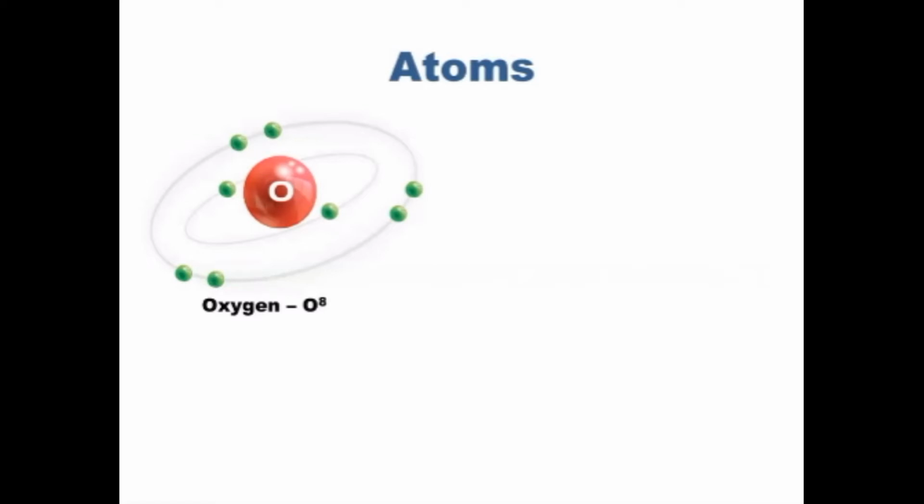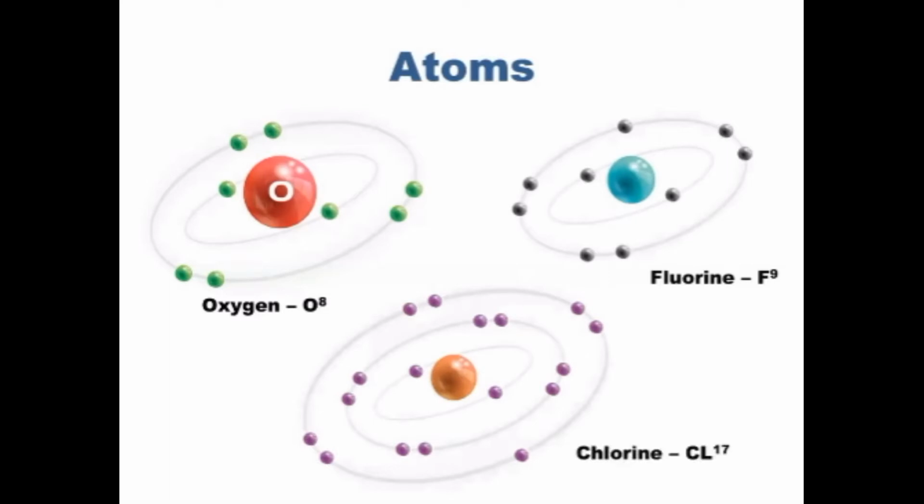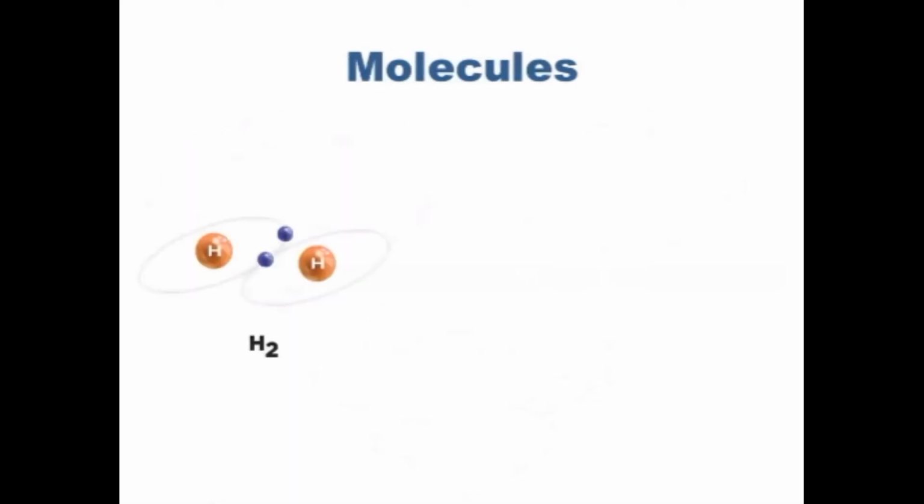And so anything that has an even number has all paired electrons. But anything that has an odd number means that there's an unpaired electron. That makes that atom less stable, so it's always going to be looking to bind with something else.